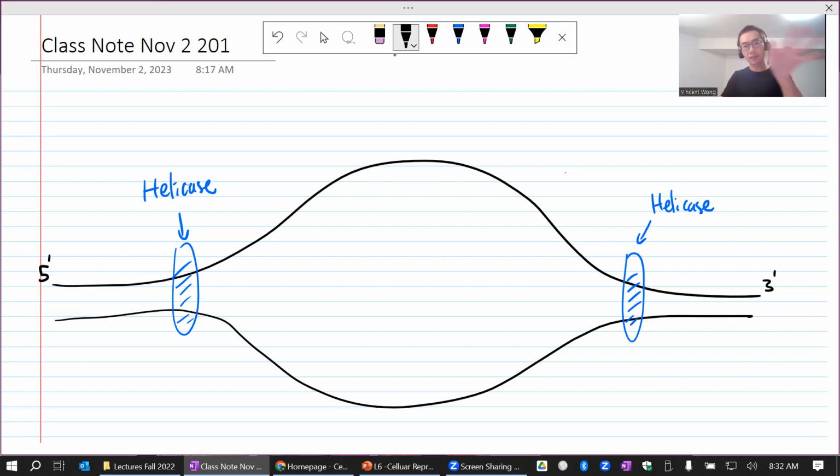So if the top strand is 5' to 3', the bottom strand must be 3' to 5'. Okay. So I'm not going to redraw all the enzymes. Hopefully you have the notes that you took from last class and you are able to refer to them as I'm talking through it. Right, so we do have the helicase here to unzip it.